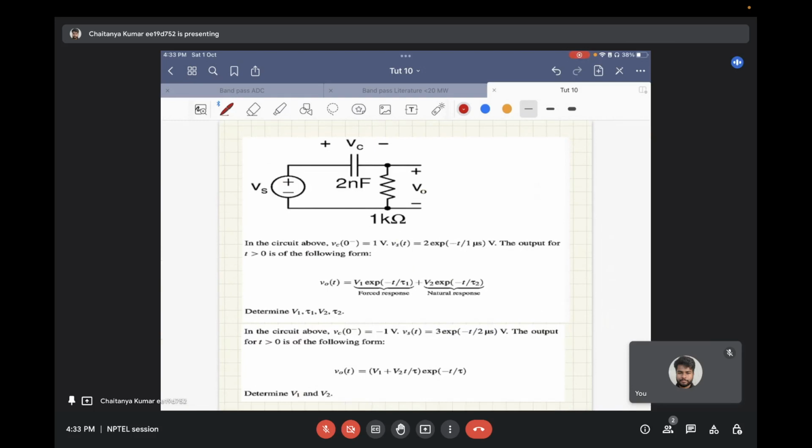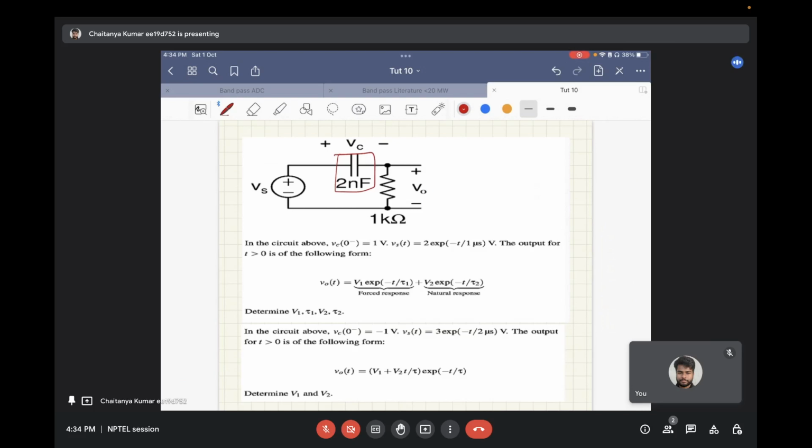Now, again, you have been given an RC circuit. This is a different circuit than the ones that have been discussed before. In this circuit, you see the capacitor is in the input arm, and the resistor is at the output arm.